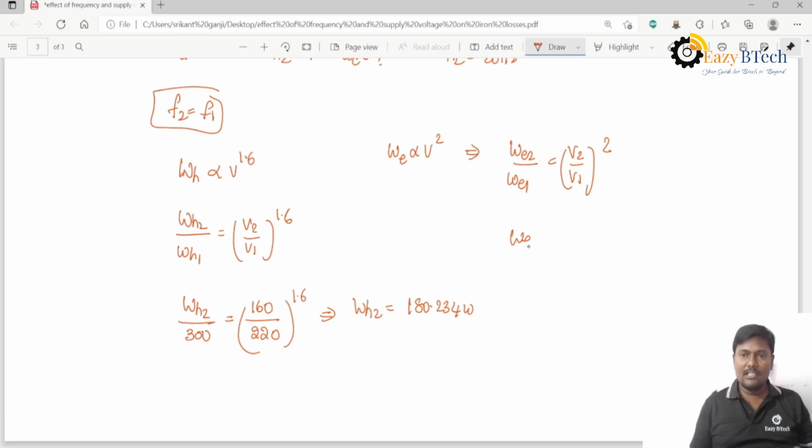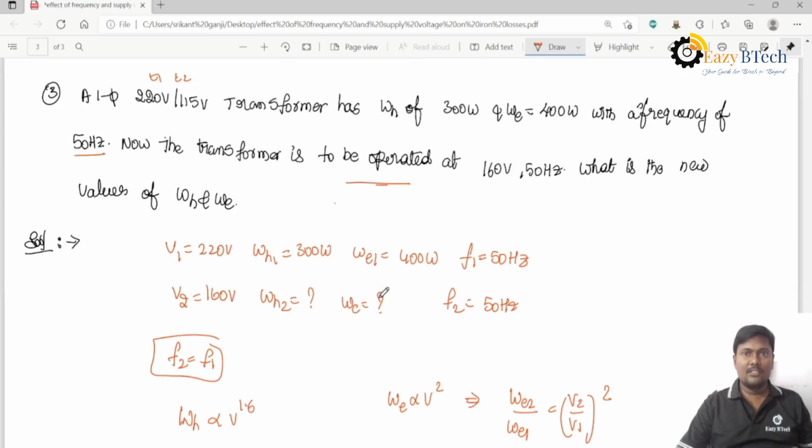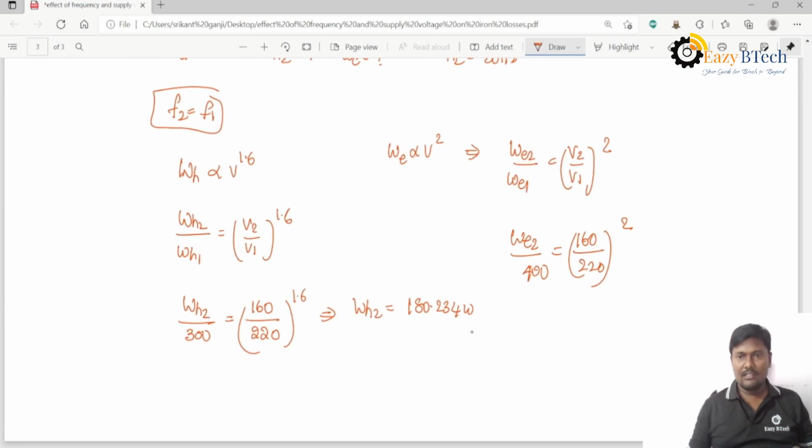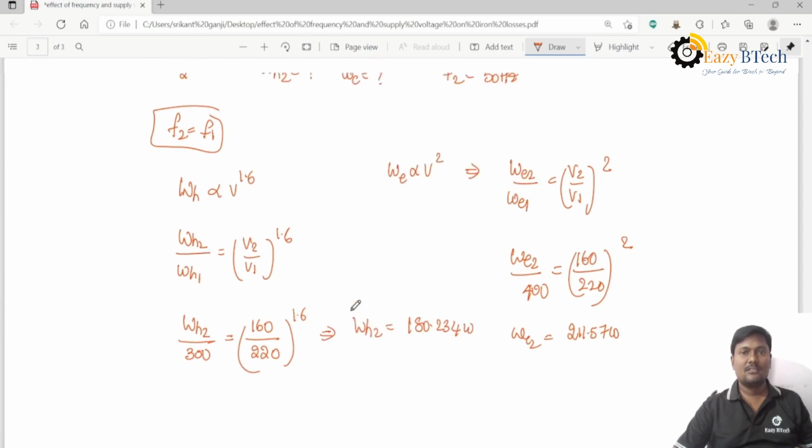Eddy current losses 2 divided by 400 is 160 square divided by 220 square, into 400. Now the eddy current losses 2 is equal to 211.57 watts.